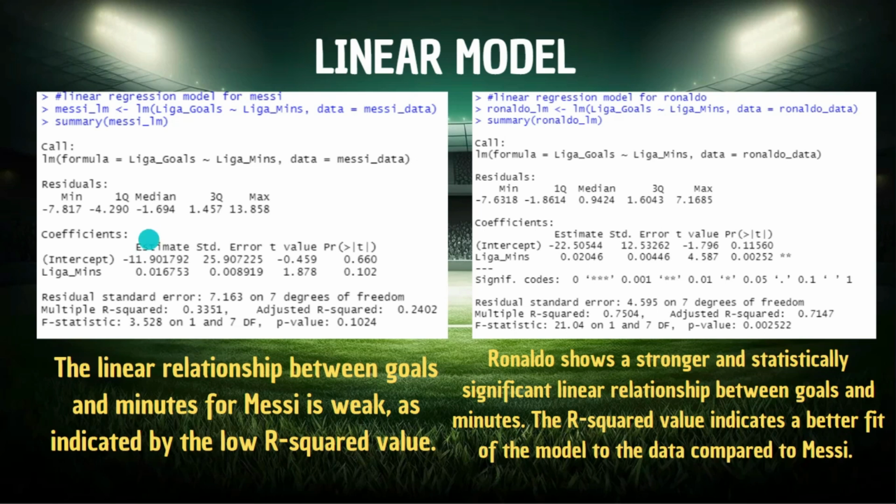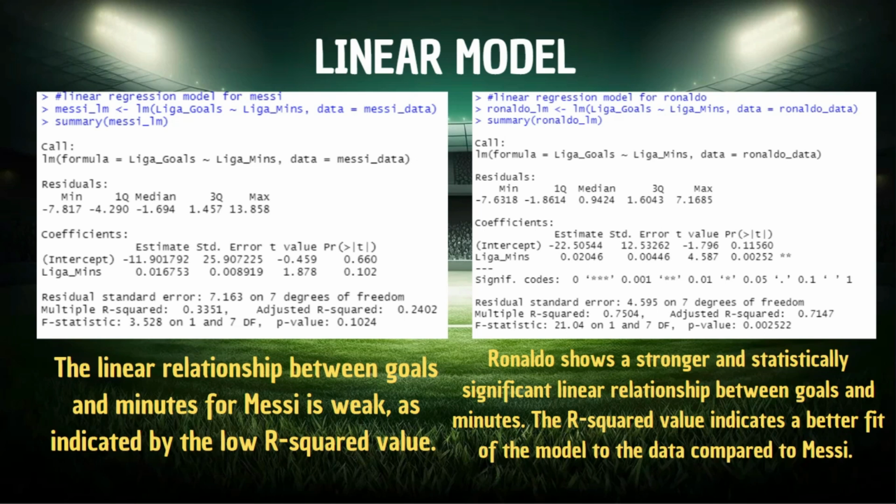And also the slope is 0.0168, and the p-value is 0.102, and the R squared is 0.3351, and the adjusted R squared is 0.2402.